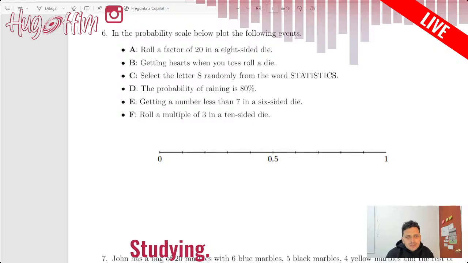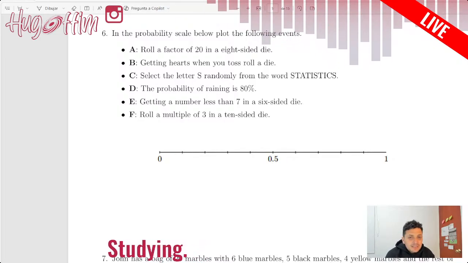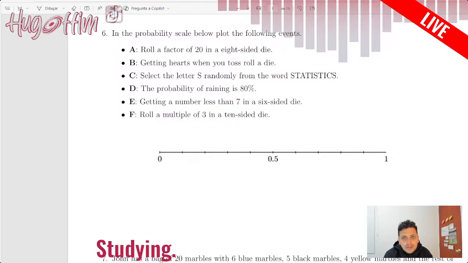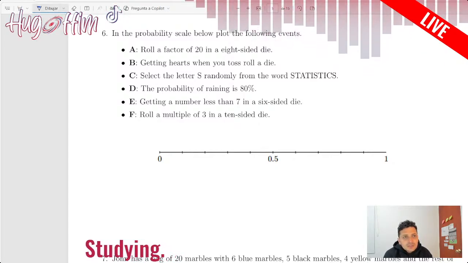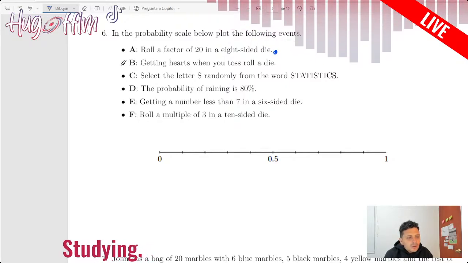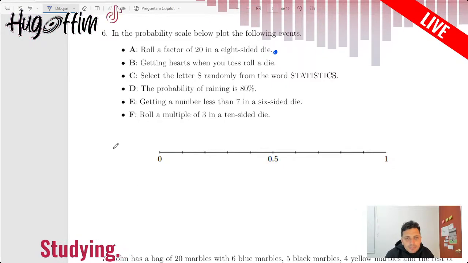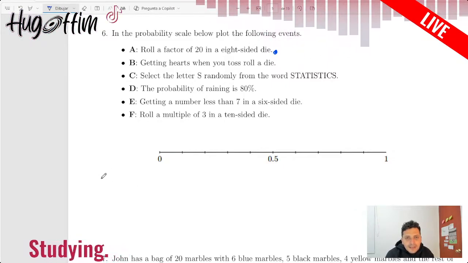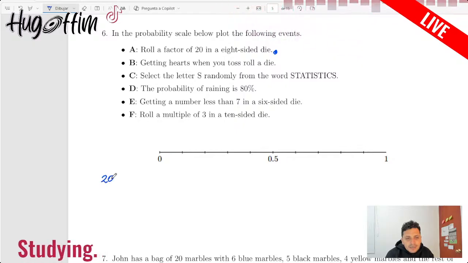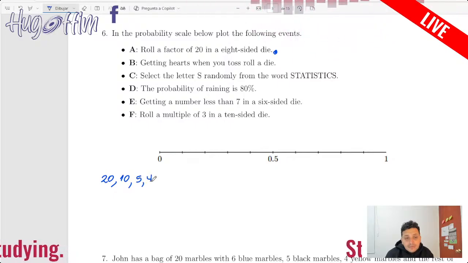But to do that, you need to calculate the probabilities, right? So you need to work out each probability so you can find out where to put it in the scale. So we're going one by one. We're going to start with the probability of A. Factors of 20 are 20, 10, 5, 4, 2, and 1.